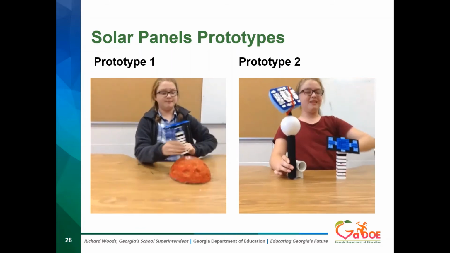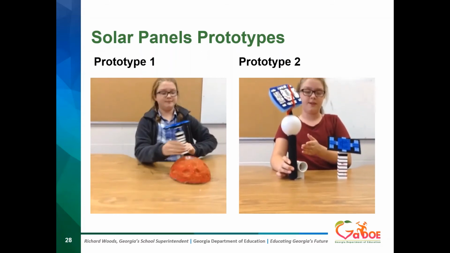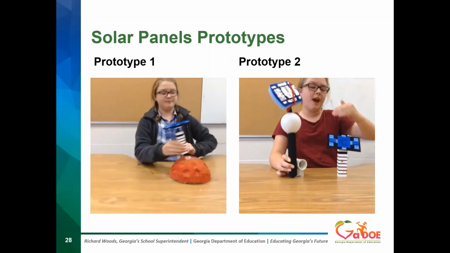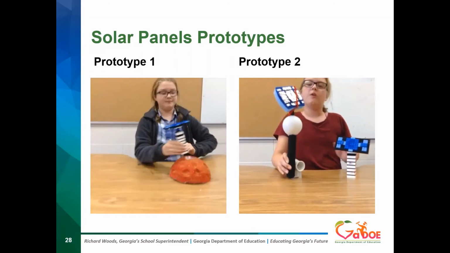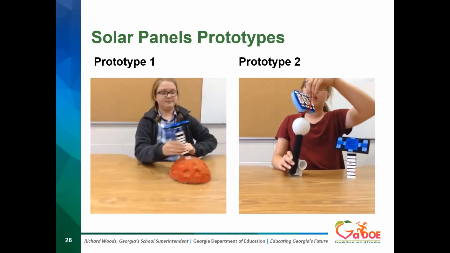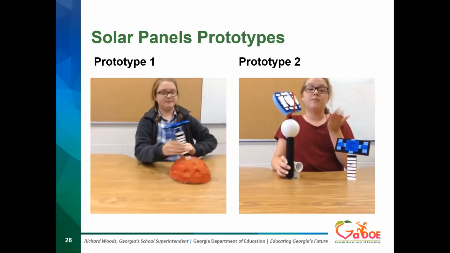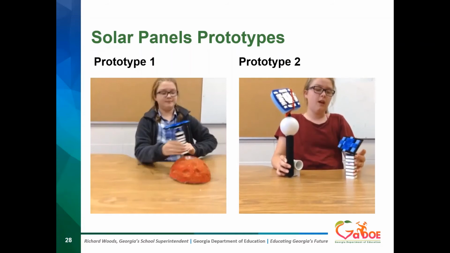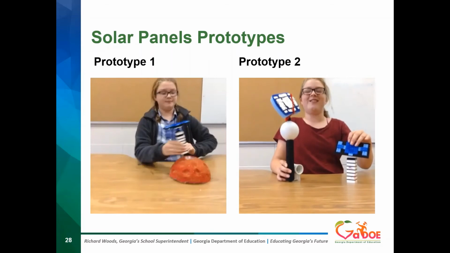This is our first prototype for the NASA Orion mission, and this is our second prototype for the NASA Orion mission. For our first solar panel, we didn't know all the stuff we needed, like the dust storms. We didn't have any windshields, whereas in this one, we had windshield wipers to make sure if any dust got in the little dome that we have, it could brush off. And this one can spin around in a 360 degree angle, and it can also go up and down at a 180 degree angle.